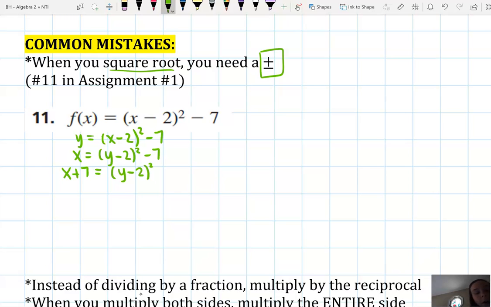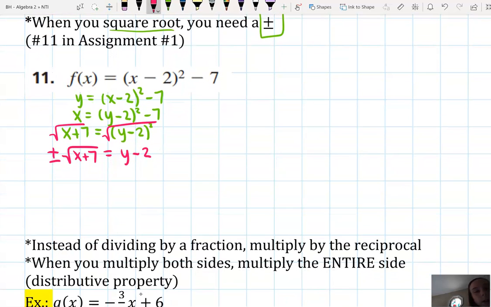The opposite of squaring something is to take the square root, so I'm going to take the square root of both sides. When I do that, a lot of you were forgetting that now I have a plus or minus on the square root of x plus 7. And on the right hand side, I'm left with y minus 2. What's the opposite of subtracting 2?